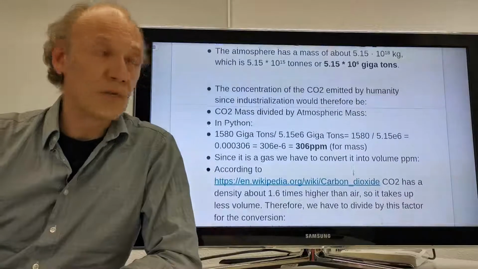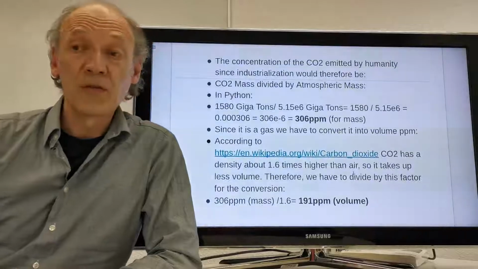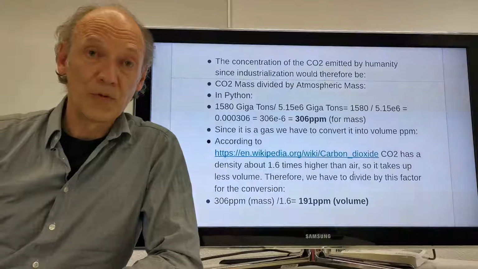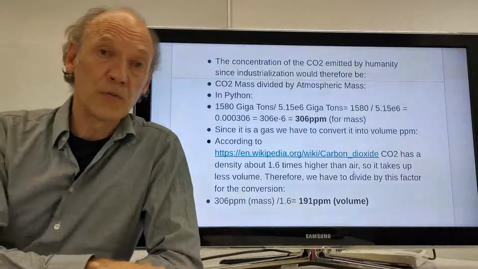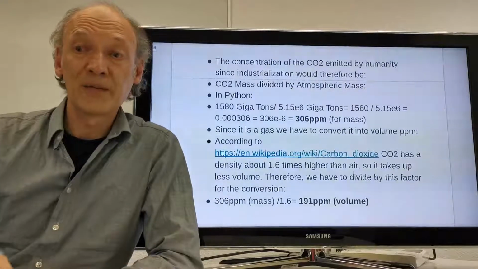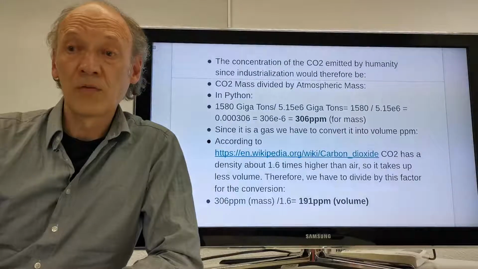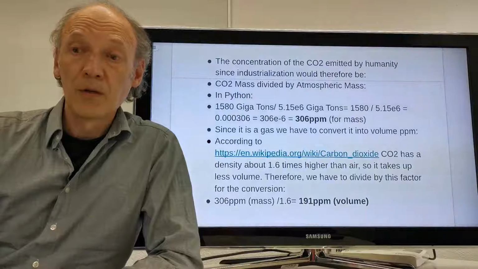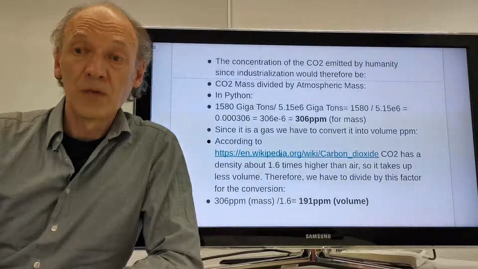But since we have gases here, for gases the ppm is usually used for volume. So now we have to compare the volume of CO2 to the volume of air.